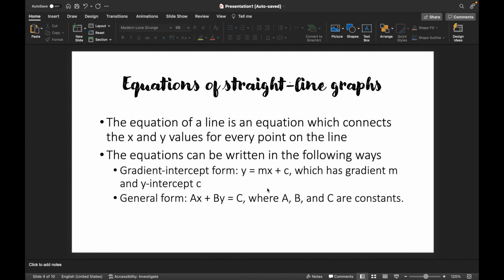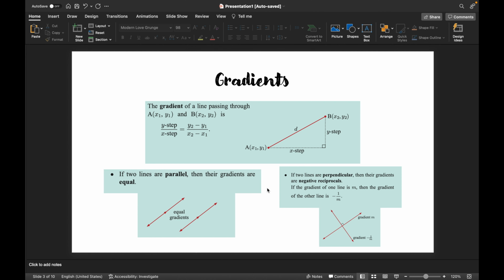Okay, moving on, let's talk about the equations of straight line graphs. The equation of a straight line is an equation which connects the x and y values for every point on the line. Now I'll show you something. If we find the equation of this line, every single coordinate that we find on this line will satisfy the equation.